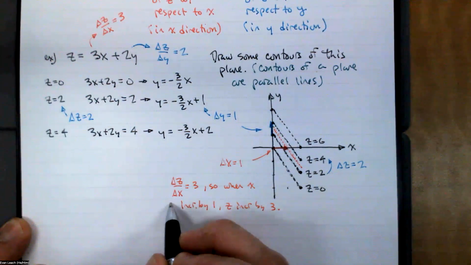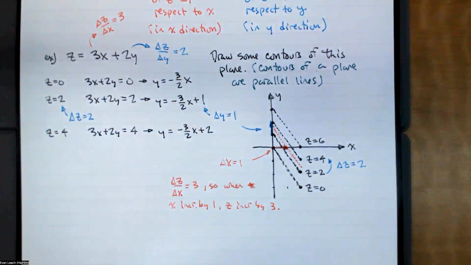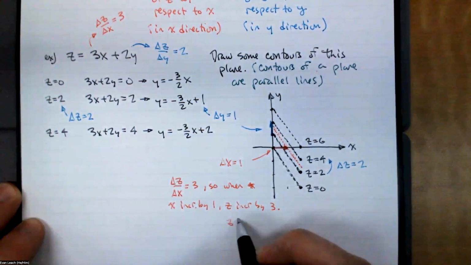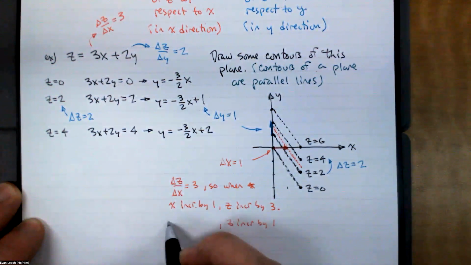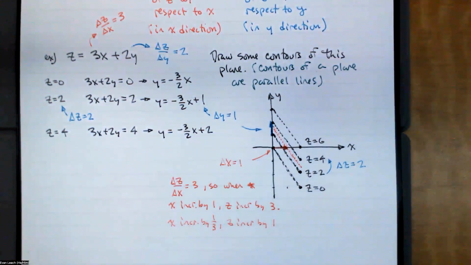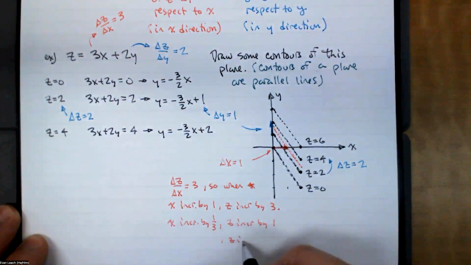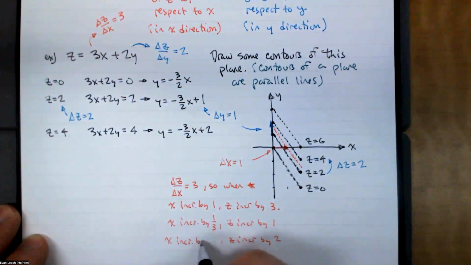Because we're dealing with a line, I'm going to move this x down here. When x increases by 1, z increases by 3. These changes are always going to be in proportion. That's what linear functions do. So if I divide my change in z by 3, that means I divide my change in x by 3. So if z increases by 2, like we see between these two lines, then that means x must have increased by 2/3.